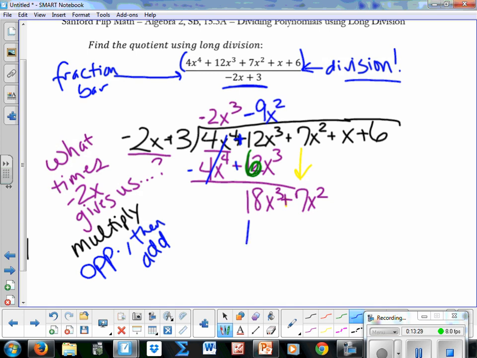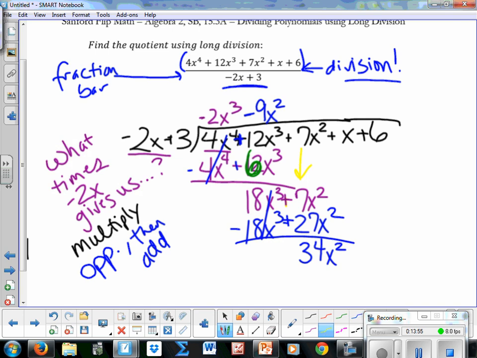Okay, so that gives us 18x cubed. Negative 9x squared times 3 gives us negative 27x squared. Now here's our opposite then add. That's where that comes in here again. These cancel. 7x squared plus 27x squared gives us 34x squared.